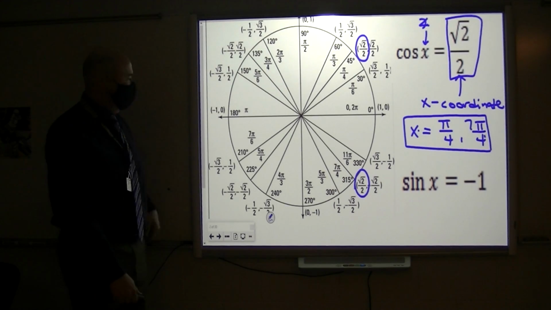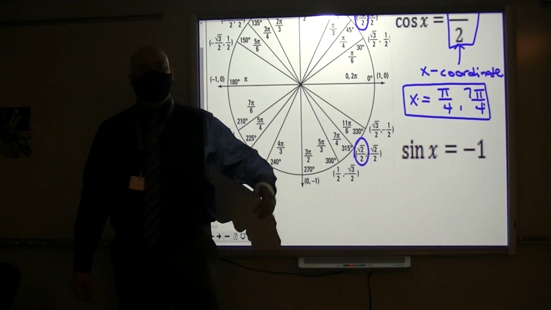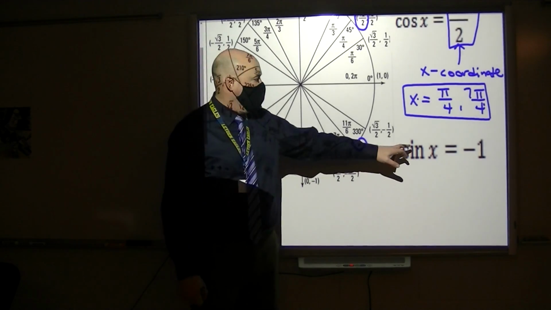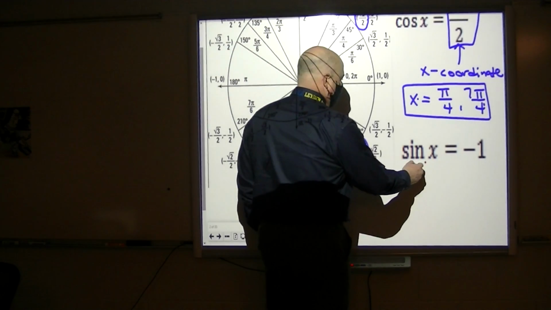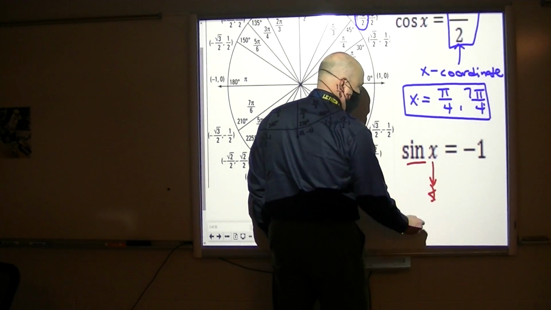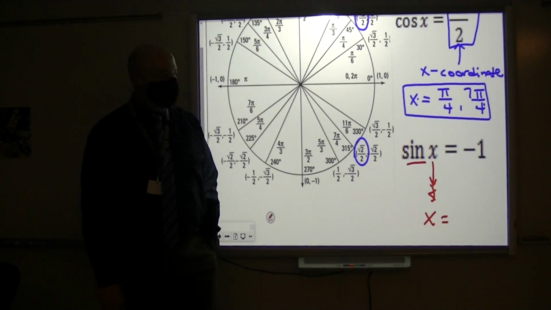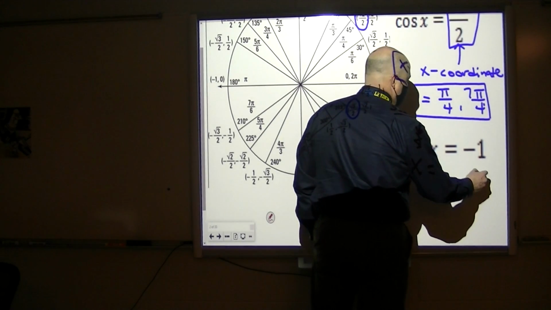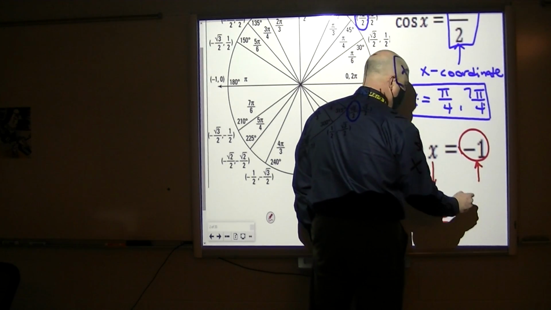Now let's go to this other one. Suppose we're solving a trigonometric equation and we get to a certain point where it says sine of x equals -1. Because we're doing sine, again, this is still an angle, so x is going to be the angle. Because we're doing sine, this is a y coordinate.